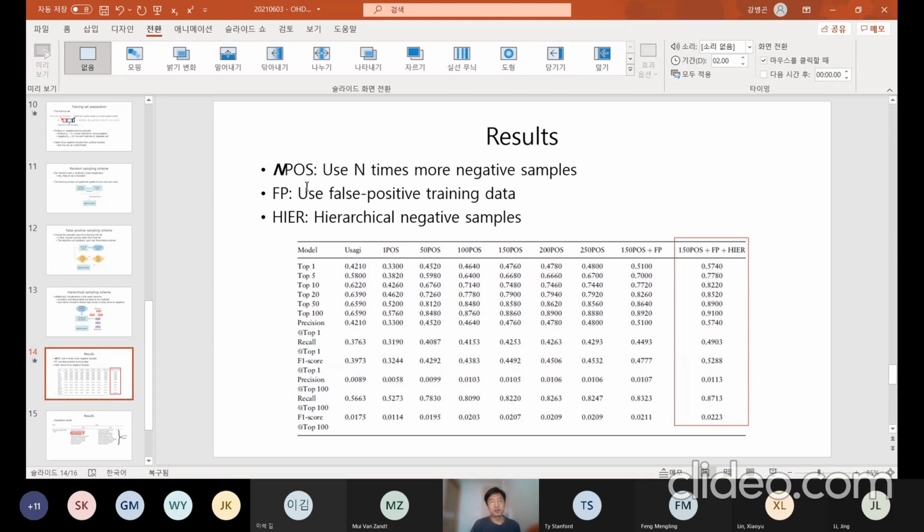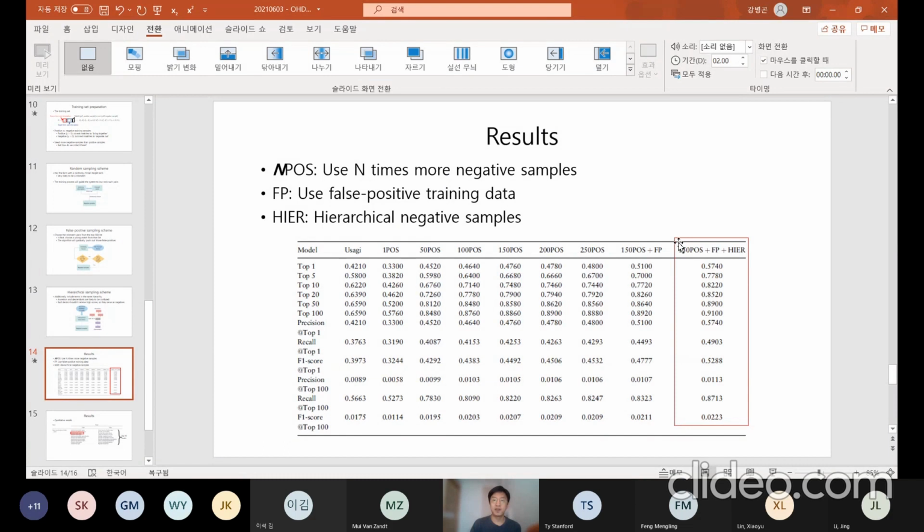Here we have this notation, some number n followed by the word POS, and that indicates that we used the random negative samples where there are n times more negative samples than positive samples. So 50 POS means a 50 to 1 ratio of negative to positive samples.